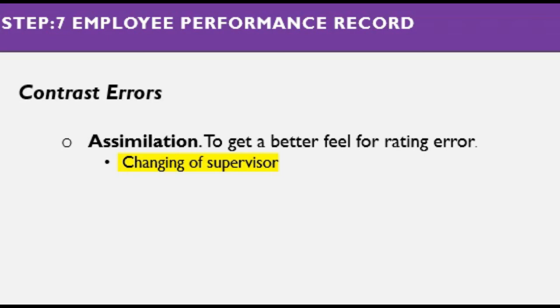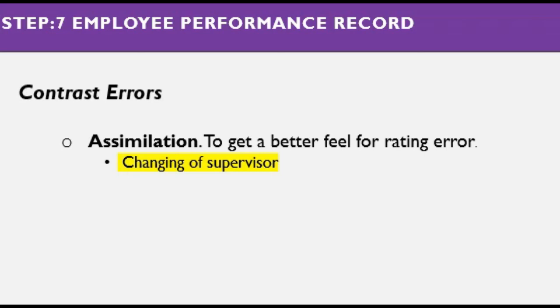Palitan natin yung supervisor na mag-evaluate sa kanya. Okay? Change the supervisor na mag-evaluate para maiwasan yung contrast error. Halimbawa, ang mga nag-rate kay employee A dati, ikaw si supervisor, nakita mo na ang behavior ni employee or yung performance appraisal niya for the past months ay sabihin natin 100 perfect.